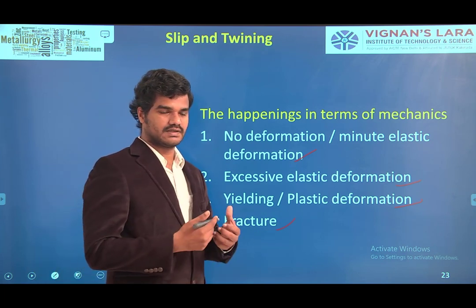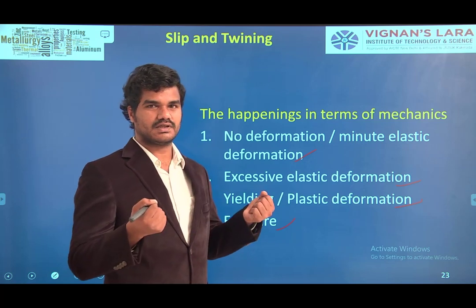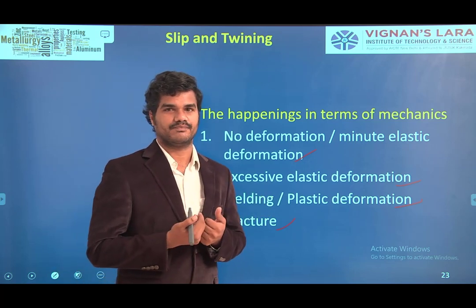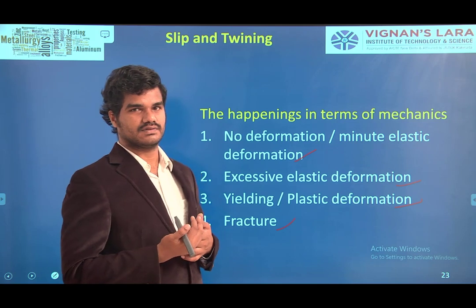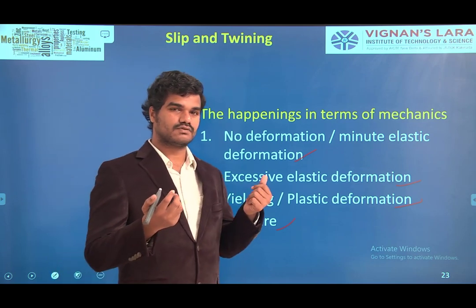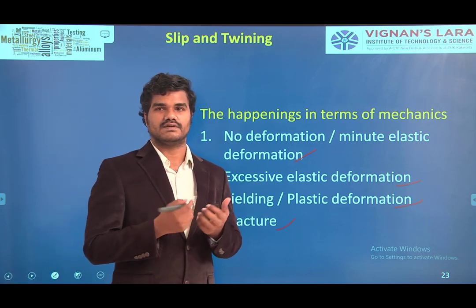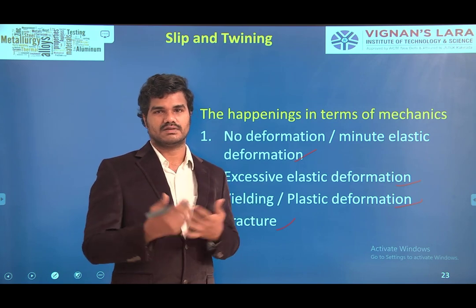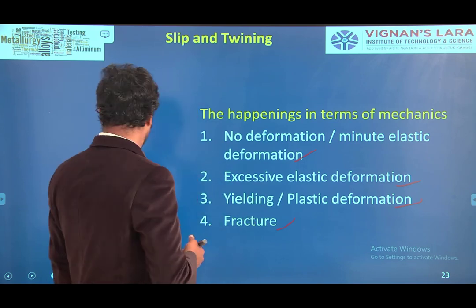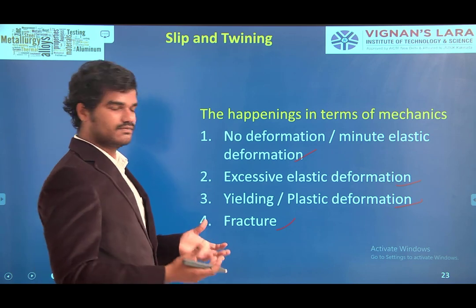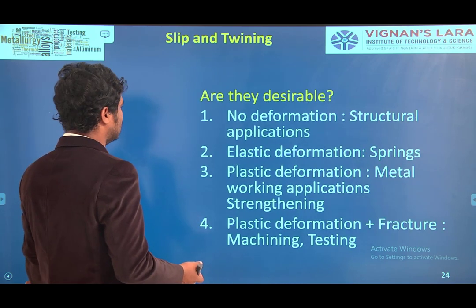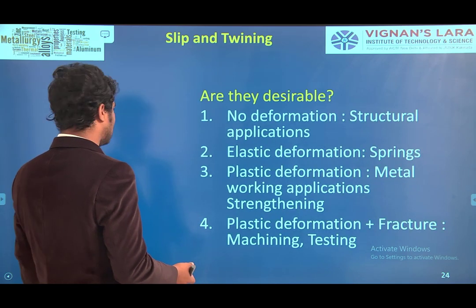If the material comes back to its original position, it is elastic deformation. If it does not come back to its original position, it is plastic deformation. And in fracture, it may fail. So these are all happening in every metal. Are they desirable?